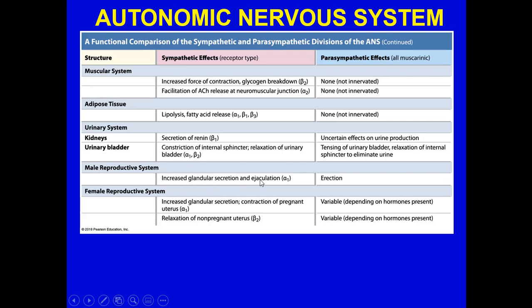Male, increased glandular secretion, ejaculation for sympathetic, but in the parasympathetic, first you have the erection. For the female reproduction, you're going to have variable depending on hormones present. That's for parasympathetic, but for the sympathetic, a relaxation of non-pregnant uterus and increased glandular secretion, contraction of pregnant uterus.